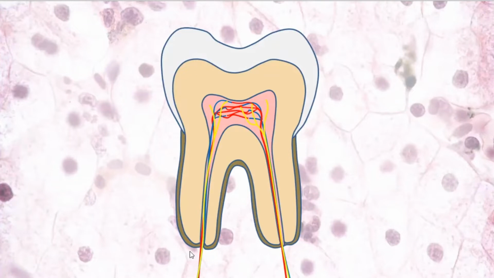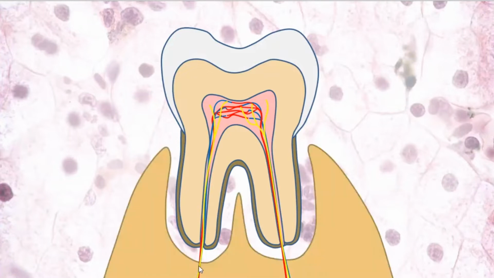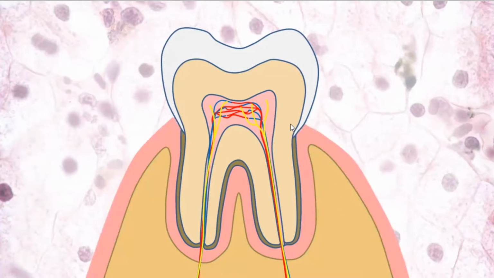And also we have a supportive apparatus of teeth, which maintains the teeth, and it includes bone, the alveolar bone. It includes the dental ligament, which maintains the tooth and the alveolar bone, and also it includes gums, or gingiva.